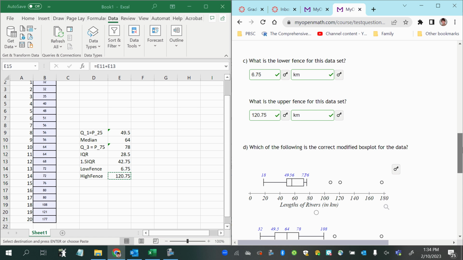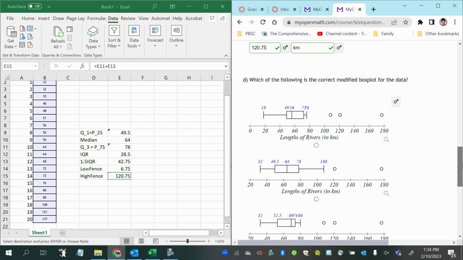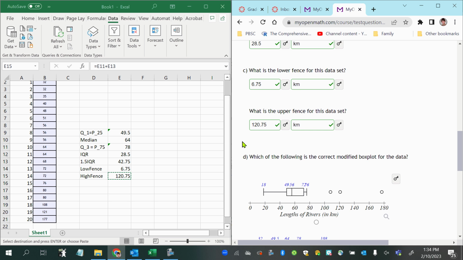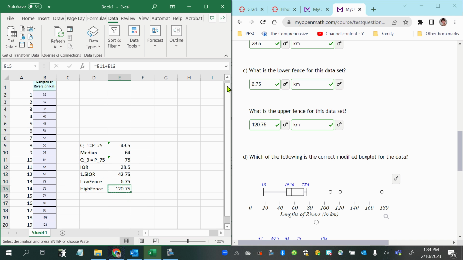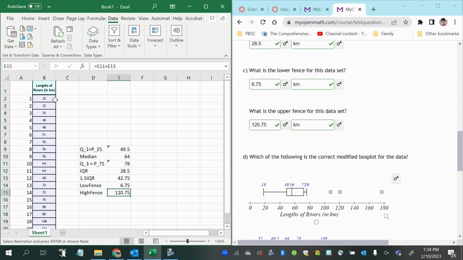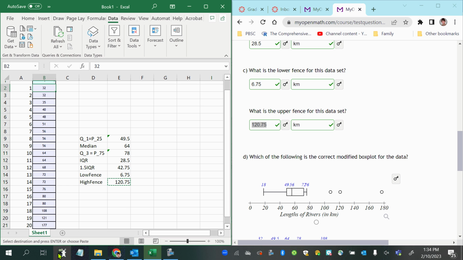Okay, yeah, good. And then we just noticed that data values are an outlier.